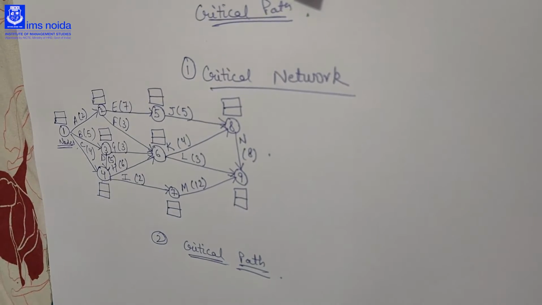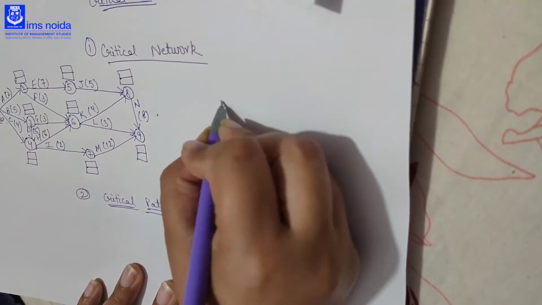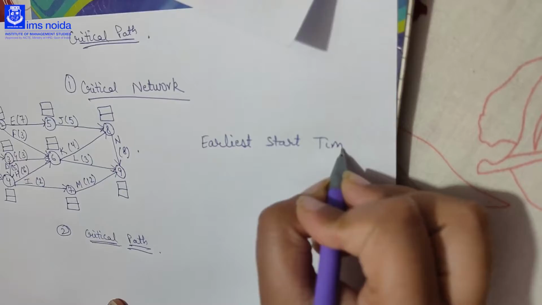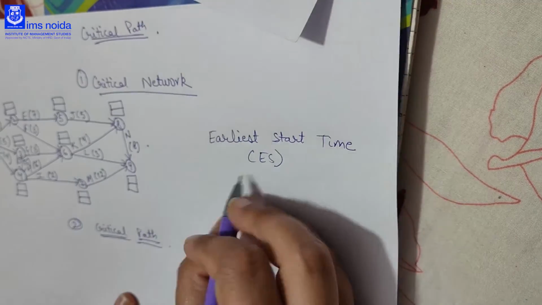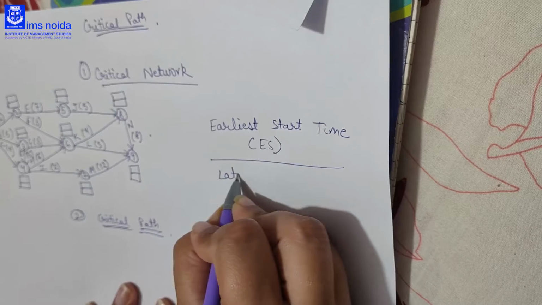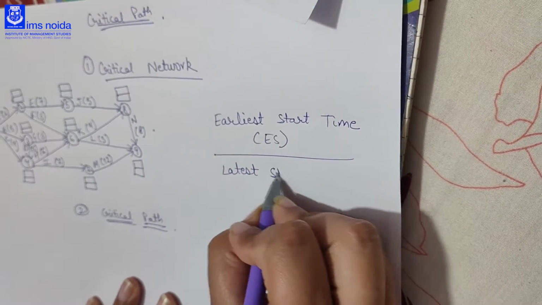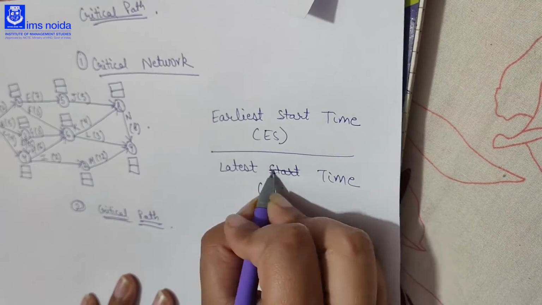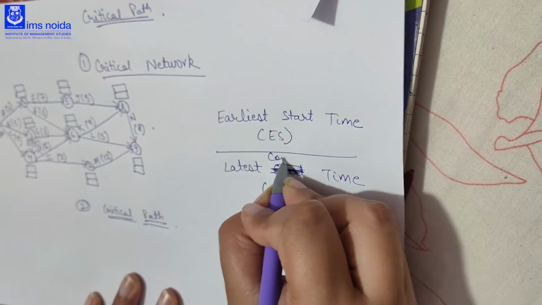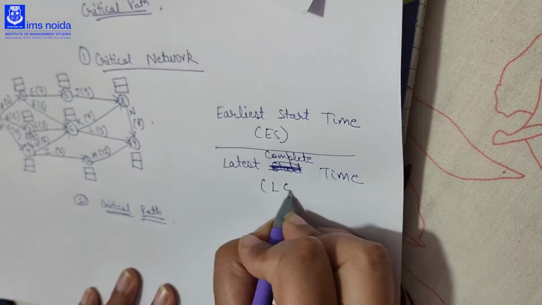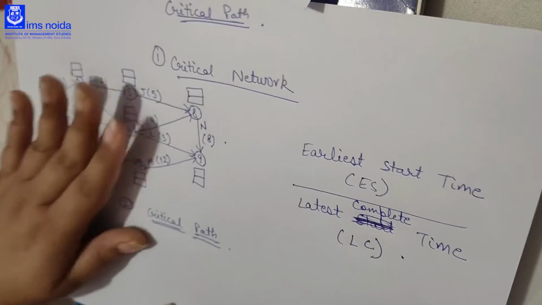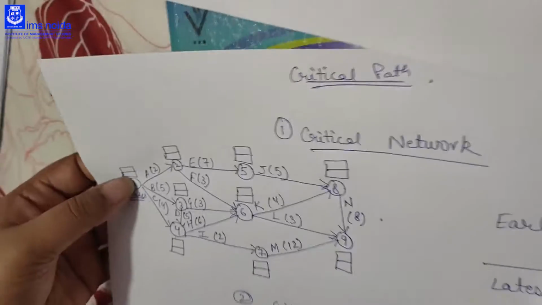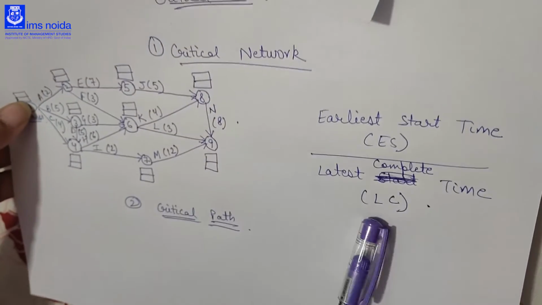In this box, what we have to find out is the earliest start time, which is called ES, and the latest complete time, that is called LC. In the box, the above row will contain earliest start time, that is ES, and the below row will contain latest complete time, that is LC.